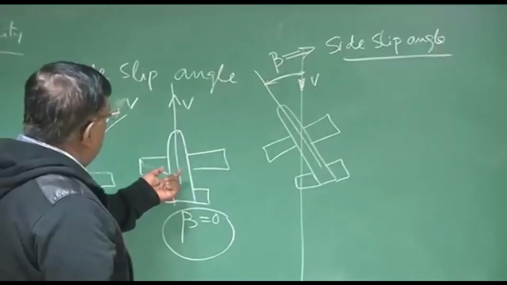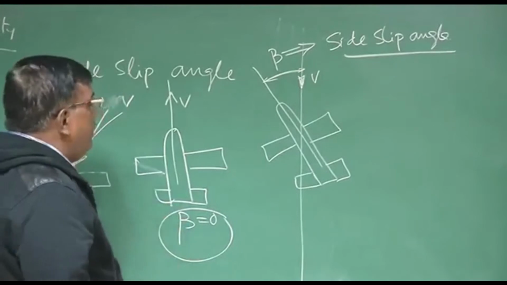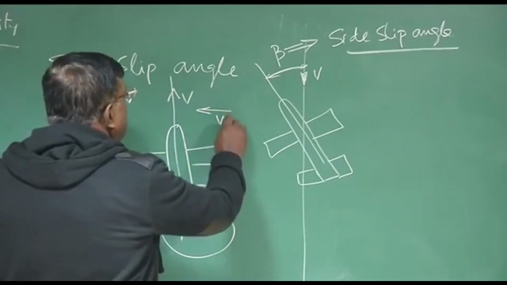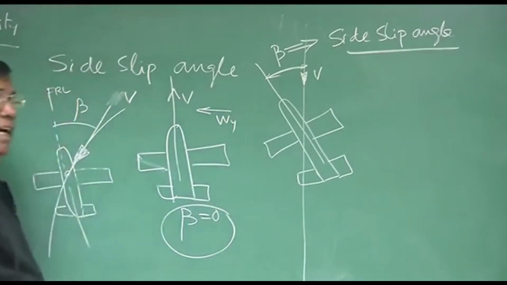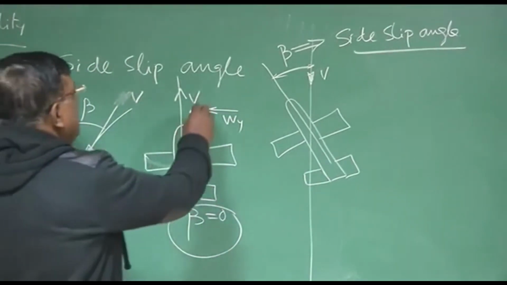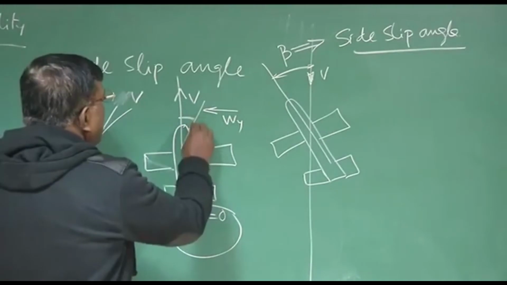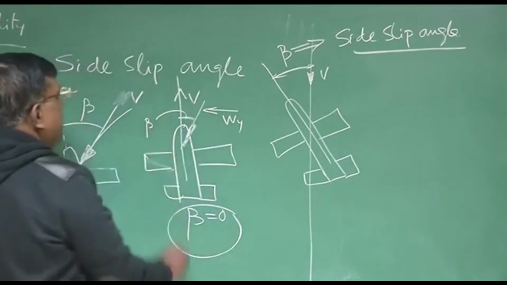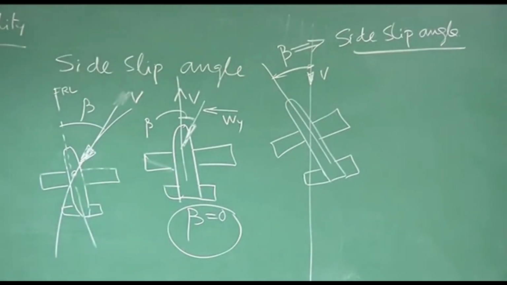So if a pilot is flying at beta equal to 0, and there is some wind coming from the right hand side, this will make the relative airspeed come this way, and so this will introduce a beta. But what is the equilibrium? Equilibrium is beta equal to 0.